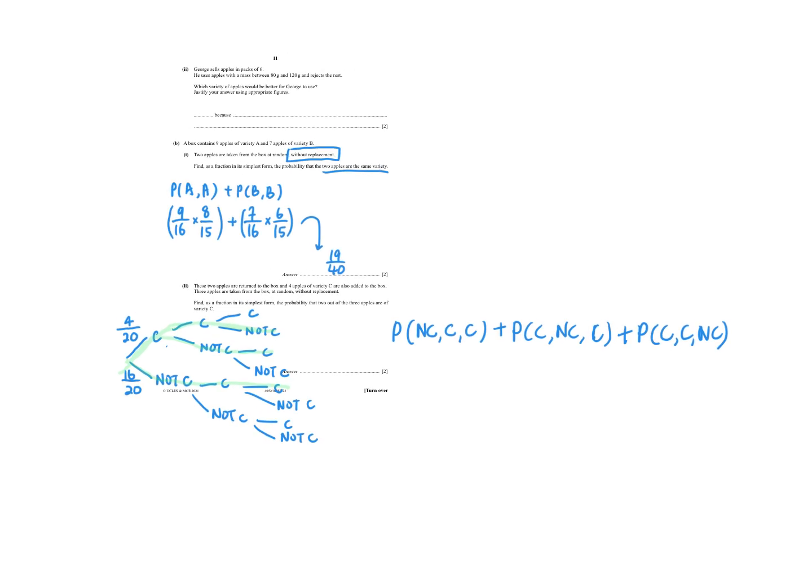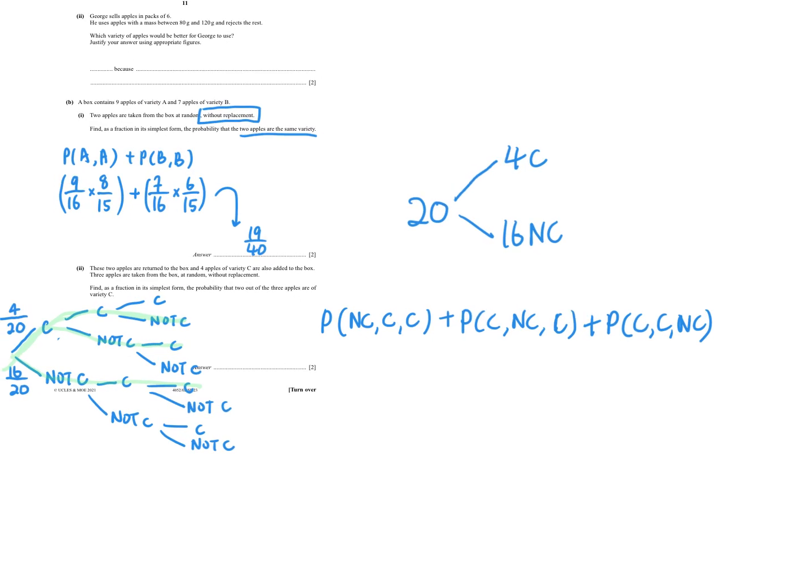So you ask yourself, out of the 20, there are 4 C's and 16 not C's. So you do the probability calculation yourself. So to get a non-C, I have 16 to choose from. Then after I take out 1, 19 left. The next one I want to choose is from C, so I have 4 of them. Next one I want to choose is from C, so 3 left. So this is one possibility.